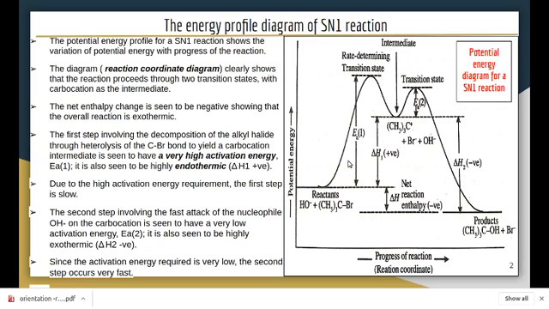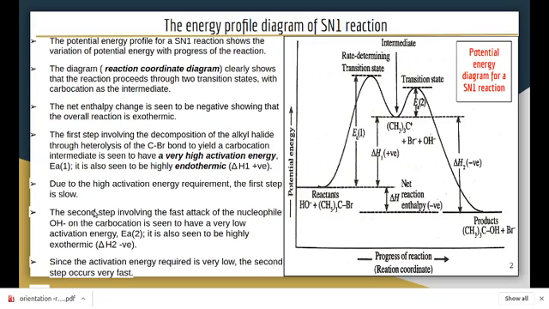The first step requires high activation energy, so it is highly endothermic. Delta H1 is positive. Due to the high activation energy requirement, the first step is slow.